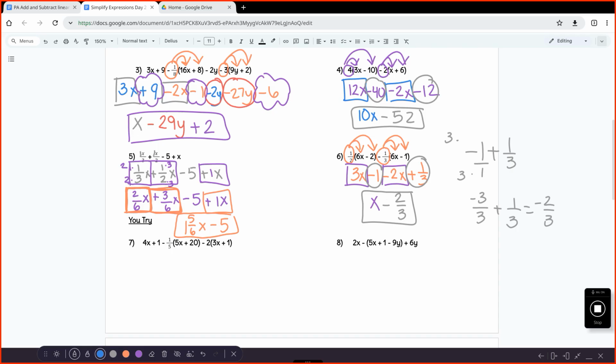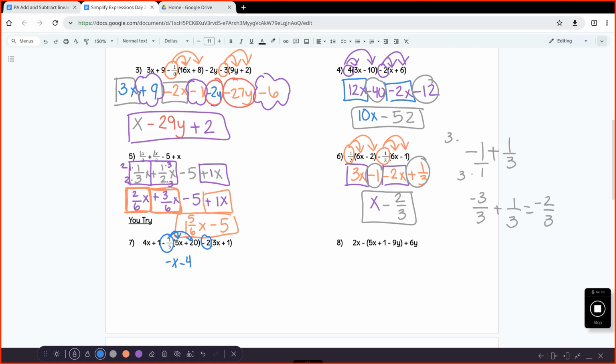Let's go over them. So here we have negative 1/5 times 5x. All right, 1/5 of 5 is 1x, which you don't need to write the 1. And it's a negative times a positive, which gets you a negative. All right, 1/5 of 20 is like saying 20 divided by 5, right, which is 4. And it's a negative times a positive, so we have a negative.